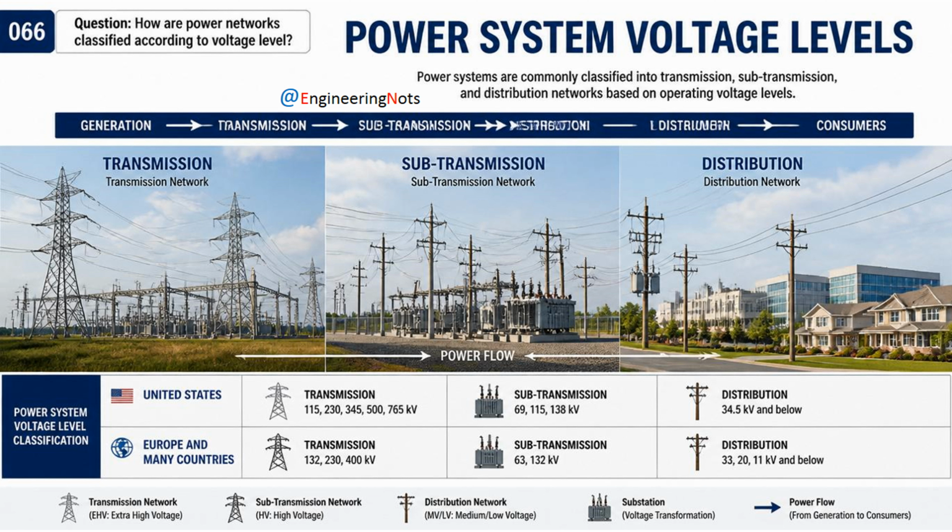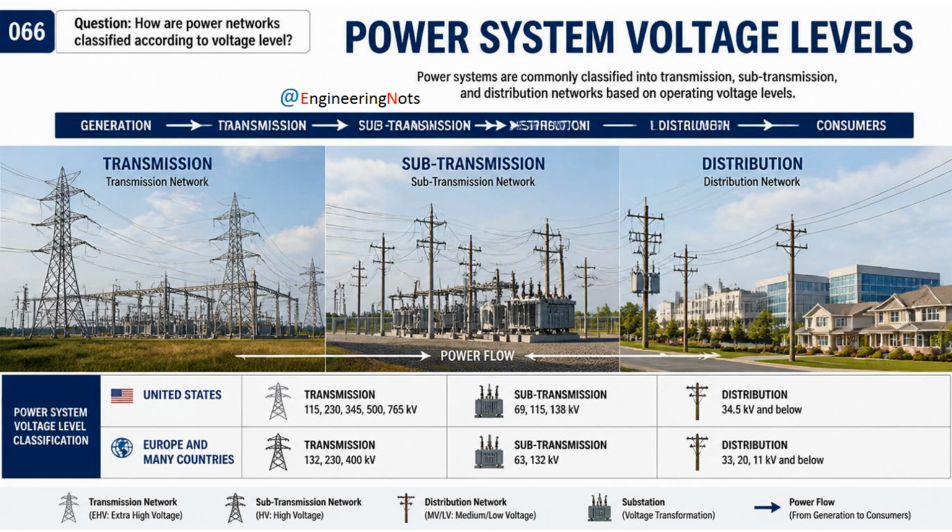In the United States, common transmission voltages include 115, 230, 345, 500, and 765 kV. Subtransmission voltages commonly include 69, 115, and 138 kV.